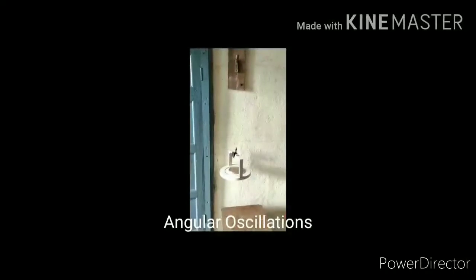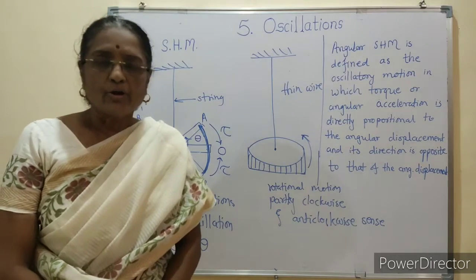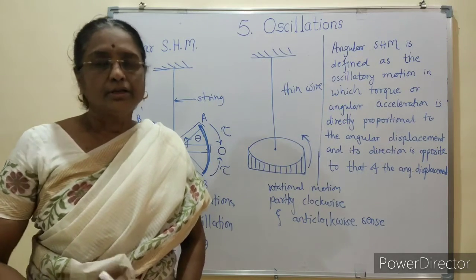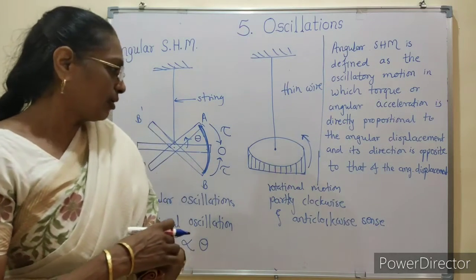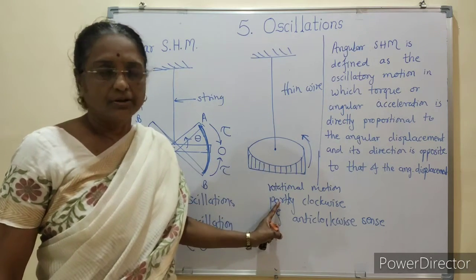Such oscillations are called angular oscillations. You have observed the angular oscillations in case of a metal disc.